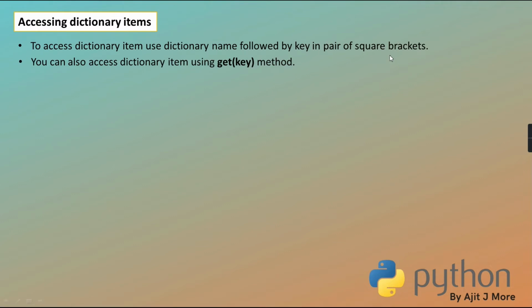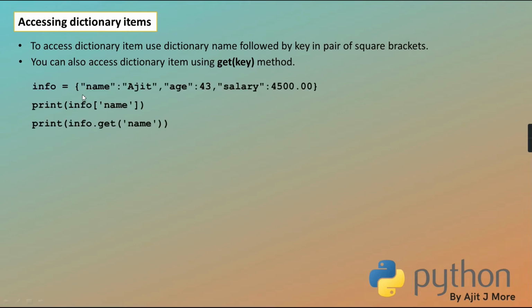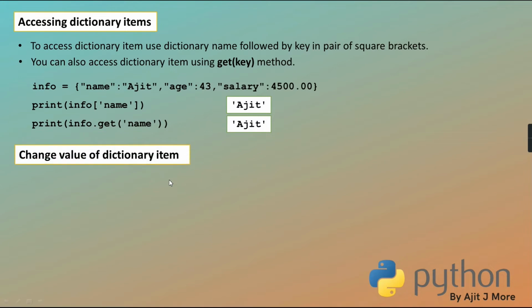That is called a default value. So you can also access a dictionary item using get of key. For example, this is the dictionary. Info of name returns my name, and info dot get of name does the same thing. The same provision is there.